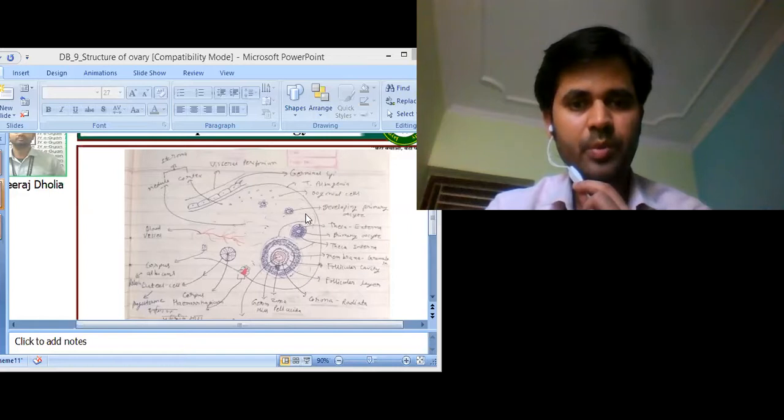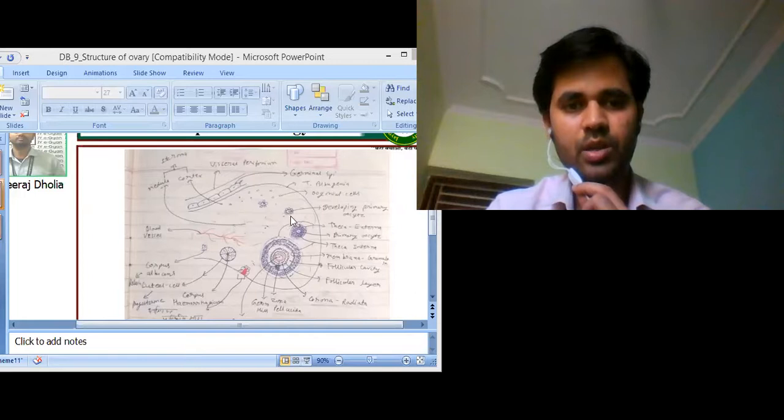This developing primary oocyte is modified and developed into the secondary oocyte. This is the secondary oocyte inside here, and these are the various layers formed during the development.